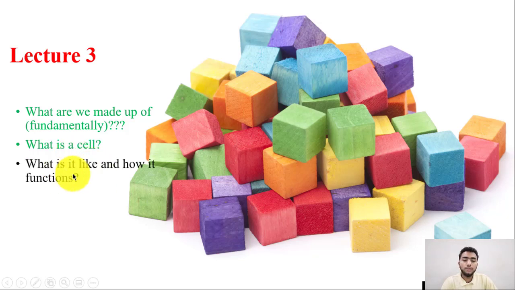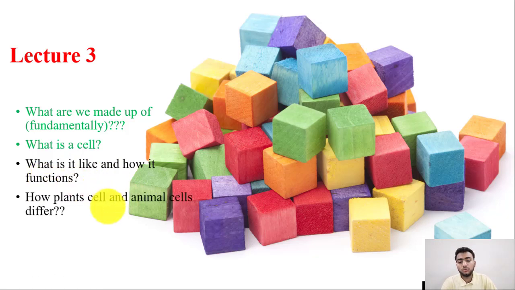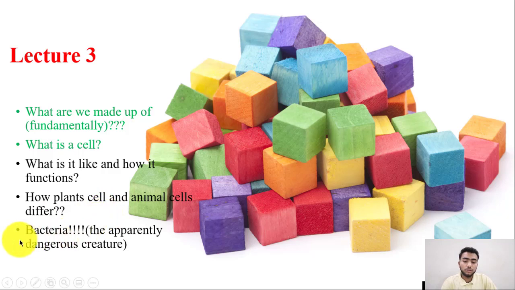Now we would be taking a look at the functions of the animal cell and the plant cell. We'd also discuss the various structures that are only found in a plant cell, and we would also discuss the structure of a bacteria, which is apparently a dangerous creature, and I say apparently because of a reason, and that would become really clear to you as we take a close look at a bacterial cell and discuss bacteria.